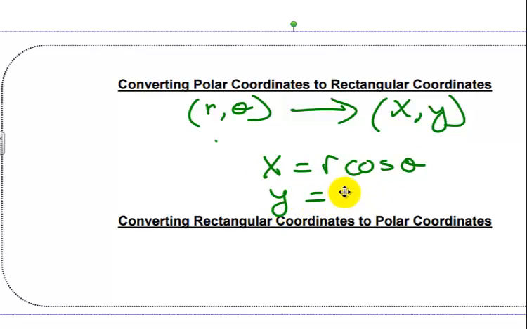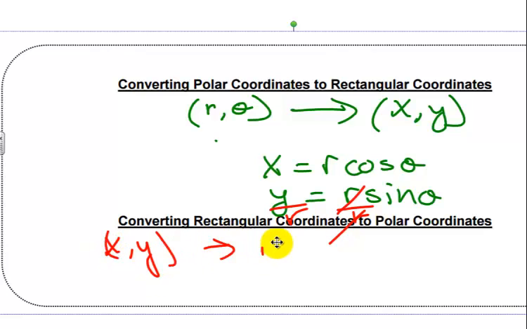The equation to get y is r sine theta. Hopefully they look a little bit familiar to you. If you were to divide both sides by r, let's say in the second one, we get sine theta is equal to y over r, which we used from our SOHCAHTOA. So that's where the equations are pulled from. Now, if we're going to go from xy to r theta, it's a little bit different.